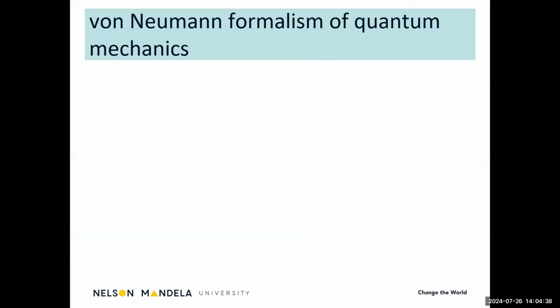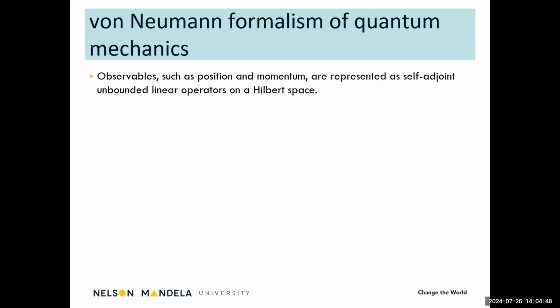I will start by introducing the von Neumann formalism of quantum mechanics. Observables such as position and momentum are represented as self-adjoint unbounded linear operators on a Hilbert space.